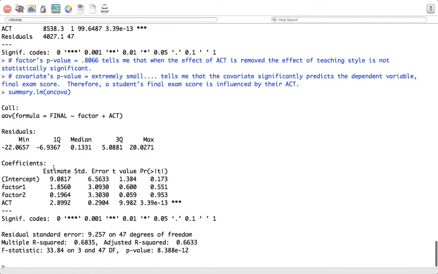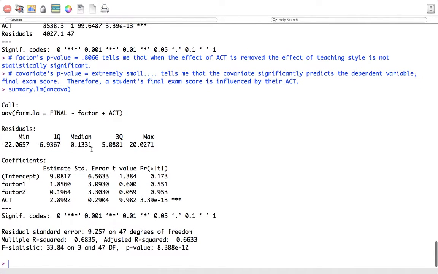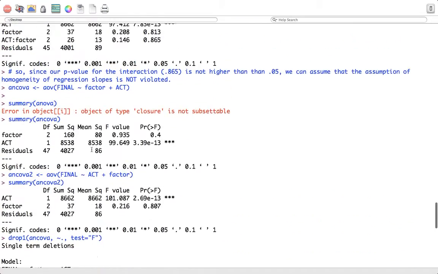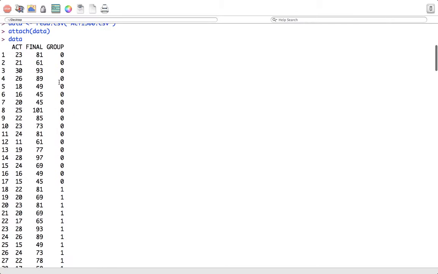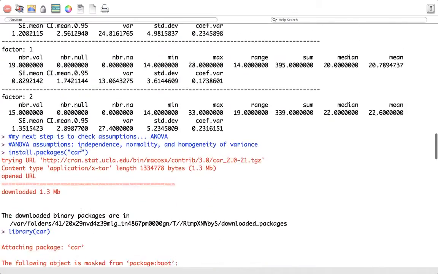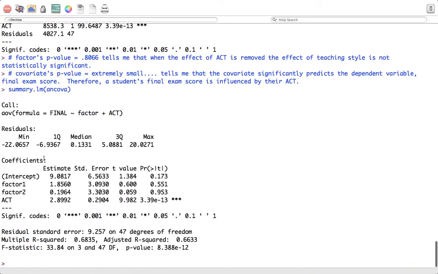If you remember back from Math 5500, when we have a predictor that is categorical and has more than two groups, it will choose the first as the dummy, the reference group, and then it will compare the means to that particular group. So that's what this function has done.